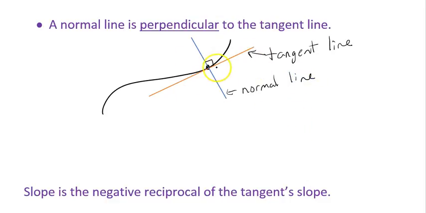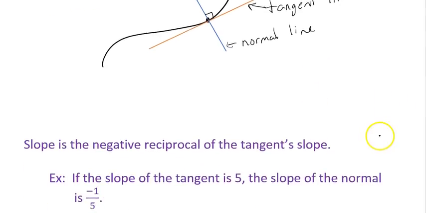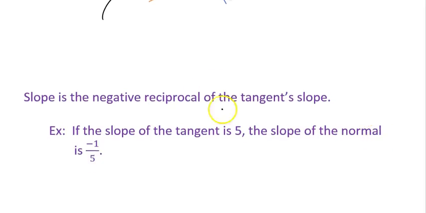Now, you learned about perpendicular lines back in Algebra 1, Math 1, something like that, and you learned that their slopes are negative reciprocals. So the slope of the normal is the negative reciprocal of the tangent's slope. And so just to remind you what that means, if the slope of the tangent was 5, the normal would have a slope of negative 1/5.